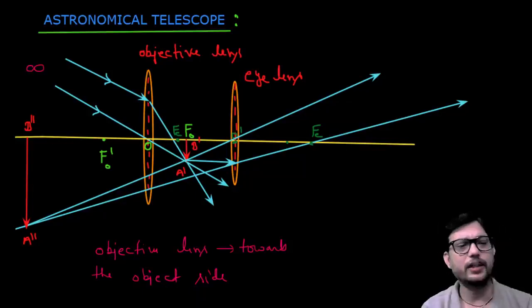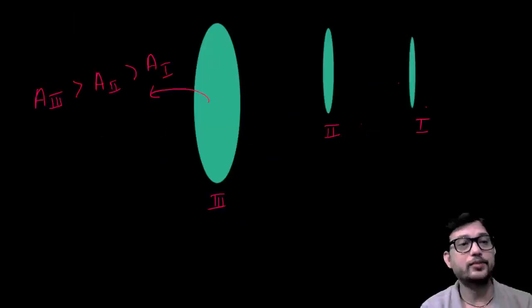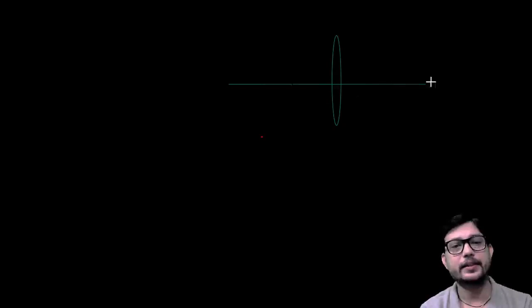What I am trying to explain is this: suppose this is your lens, and here we have an axis, the principal axis. Then we can represent the rays coming from the object like this.